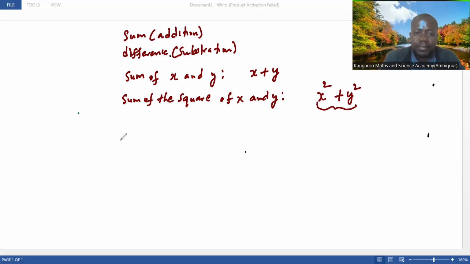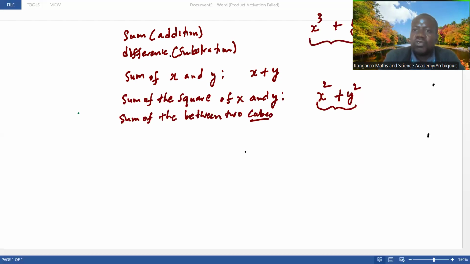But if I say, what is the sum between two cubes? It means a cube, remember it's x to the power of 3, and y, so these are cubes. So this is the sum between two cubes. And in terms of the difference, it's just the opposite. X minus y, the difference between x and y. The difference between two squares.